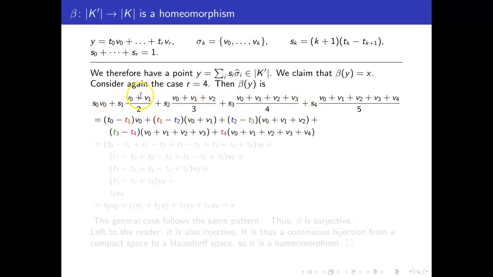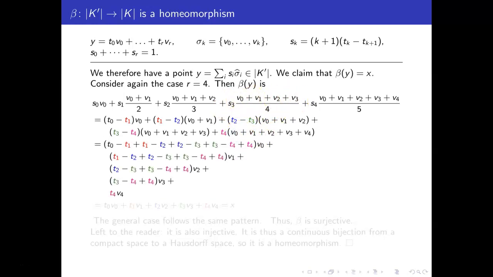So what this ends up as is your s naught v naught is just this term here, or s1 times v naught plus v1 over 2. You've got the factors of 2 which cancel, and then your s1 is t1 minus t2 multiplied by v0 plus v1. And then this term here, for example, that's t3 minus t4 times 4, and then divided by 4, and then multiplied by the sum of vertices.